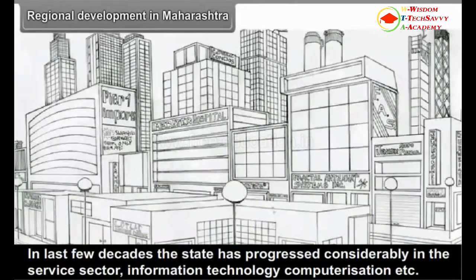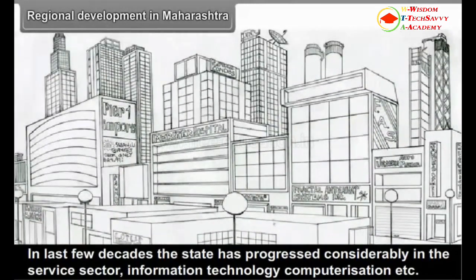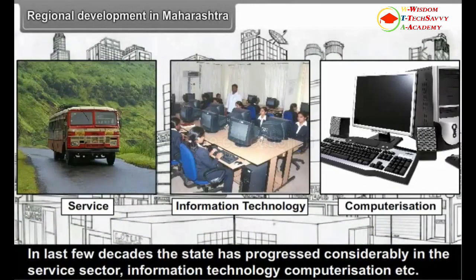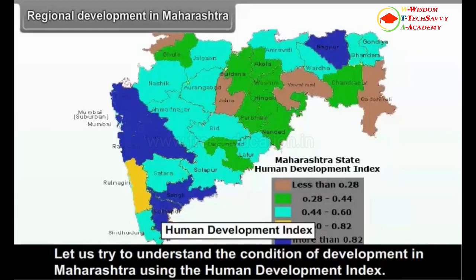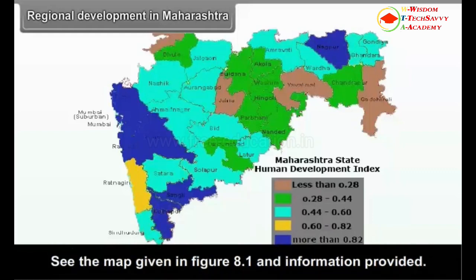In the last few decades, the state has progressed considerably in the service sector, information technology, computerization, etc. However, this does not indicate that the progress of all the regions of the state is taking place at the same level. Let us try to understand the conditions of development in Maharashtra using the Human Development Index.